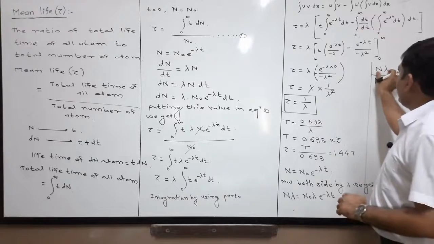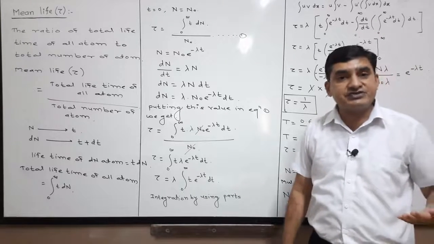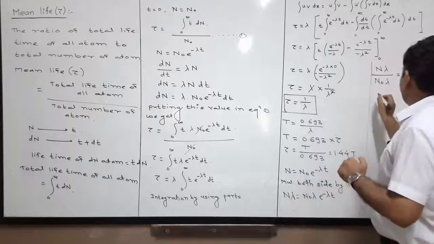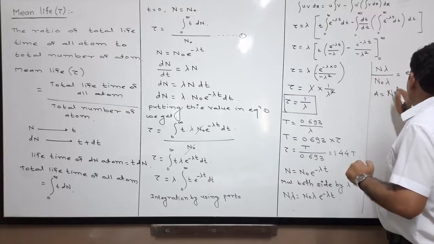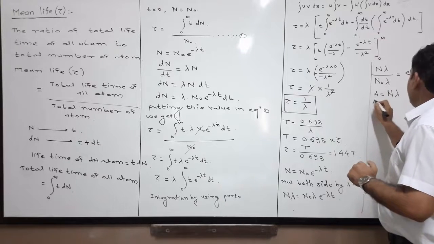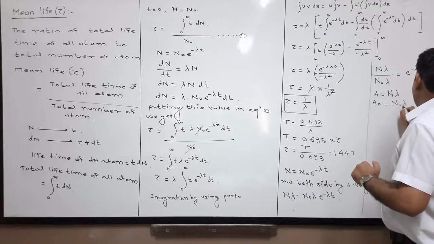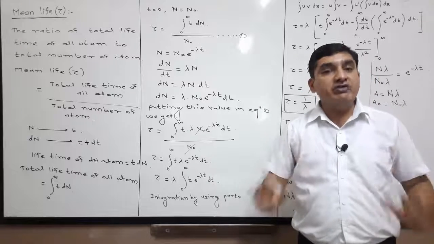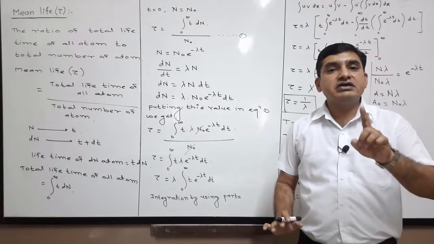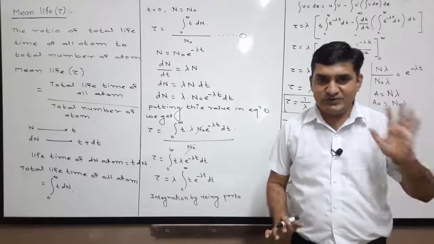But here N into lambda is the activity of a radioactive substance at a time t. So we can say that A is equal to N into lambda, while A0 is equal to N0 into lambda. A0 is the activity of a radioactive substance at time t is equal to 0.